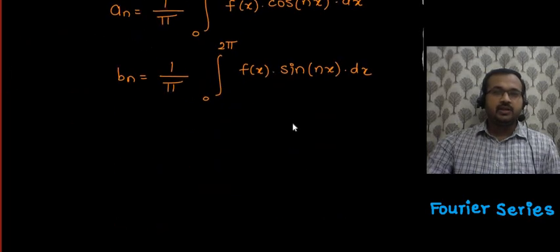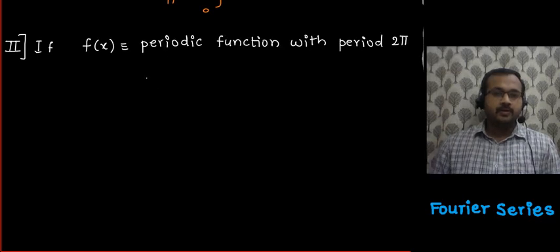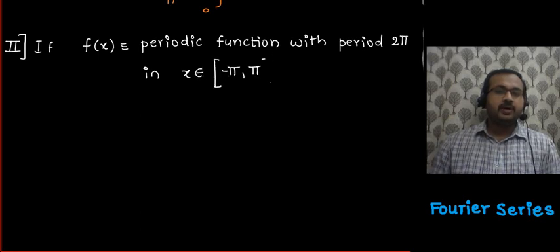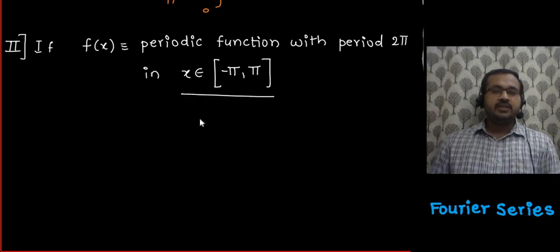Now we consider that f of x is periodic with period 2 pi, but it is defined in the interval minus pi to pi. So we consider case 2. If f of x is a periodic function with period 2 pi and it is defined in the interval minus pi to pi, then if we observe this interval, the length of this interval is 2 pi.